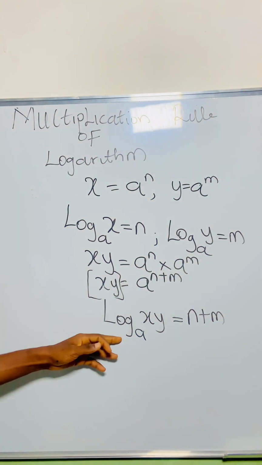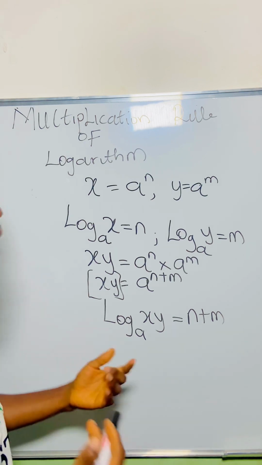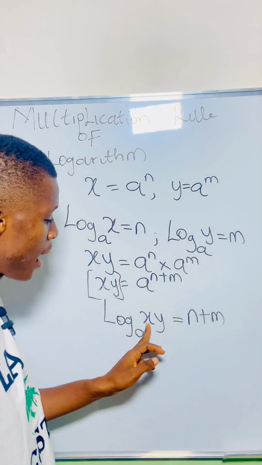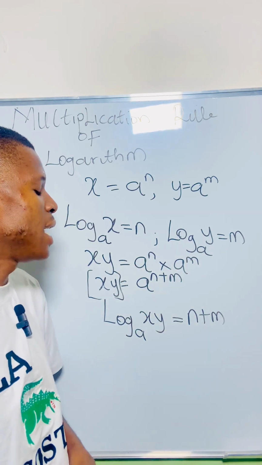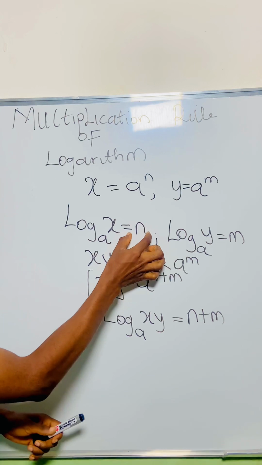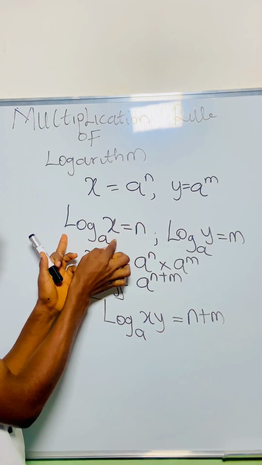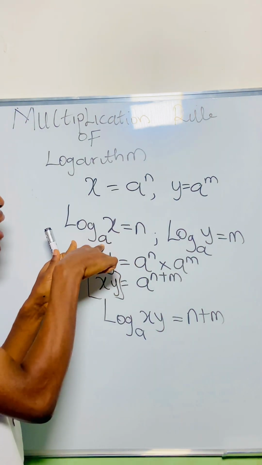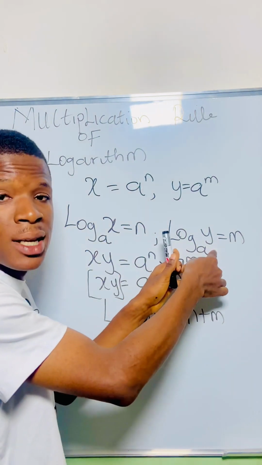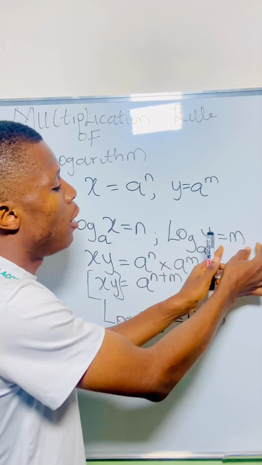So the logarithm to the base a of xy is the same thing as n plus m. But what is the value of our n? The value of our n is the same as logarithm to the base a of x. And for our m, it is logarithm to the base a of y.